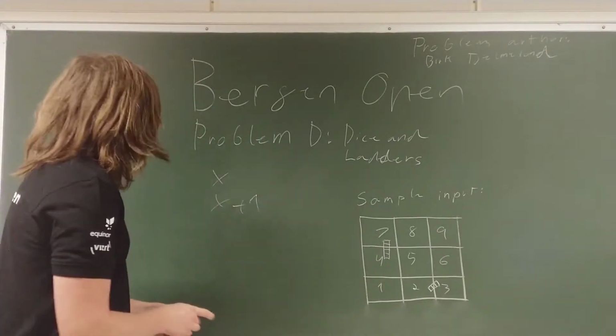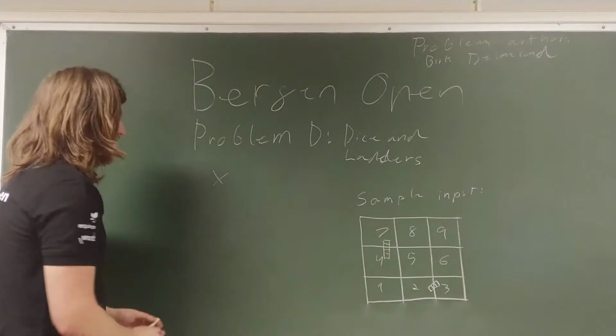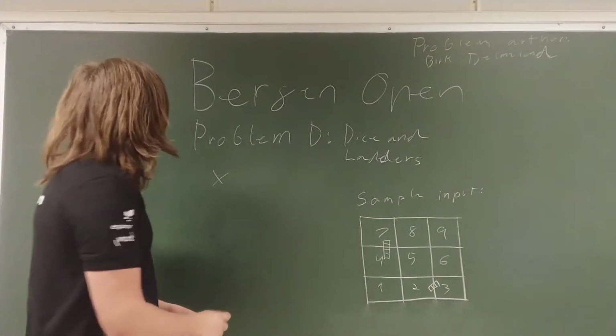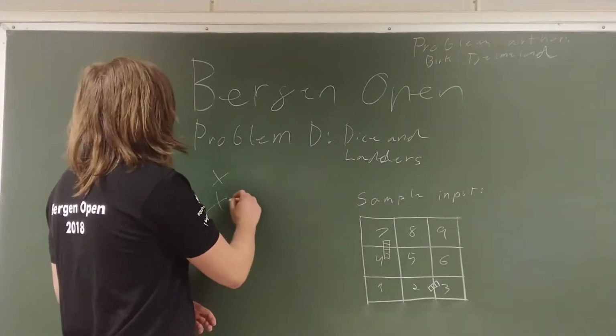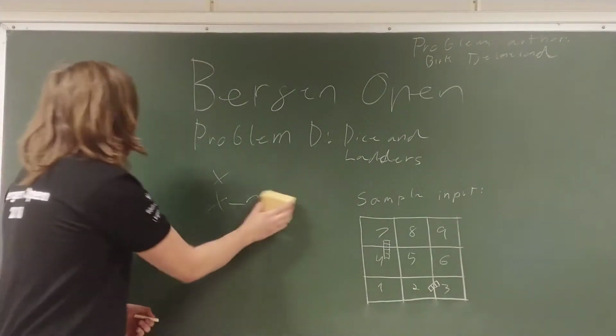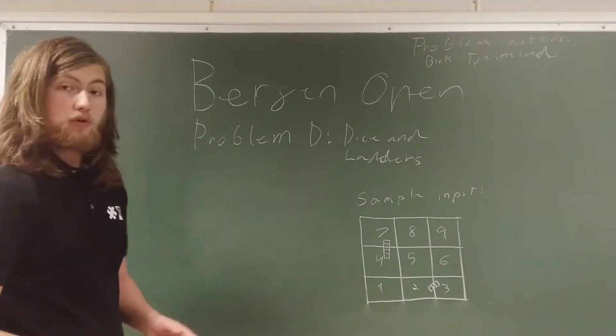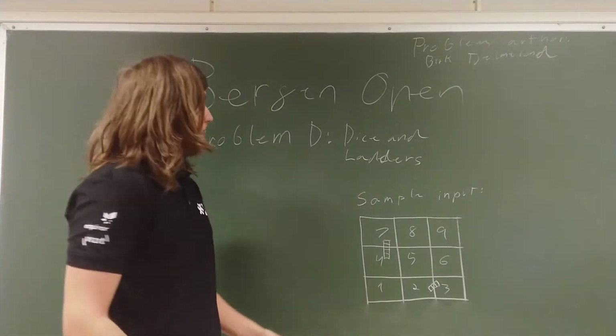However, if for X dice rolls I will not be able to finish the game with a probability of P, then the same will also be true for X minus 1 dice rolls. So this means that we can do a binary search for the number of dice rolls required.